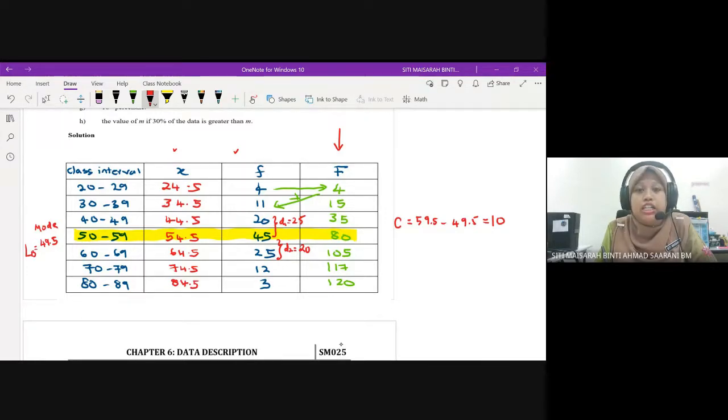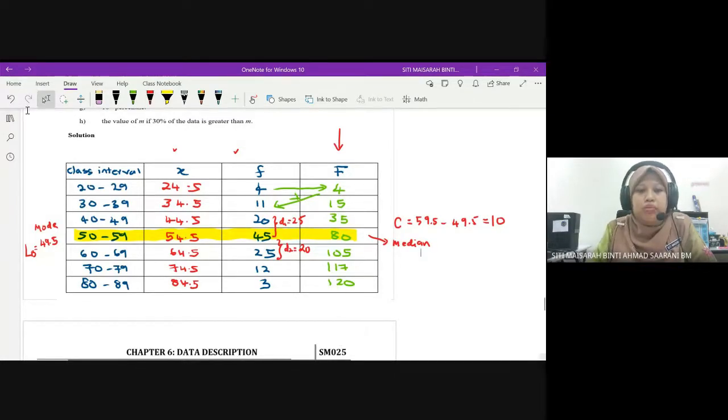Has it reached 60? Not yet. So the median must be in the fourth row, the same row as the mode.